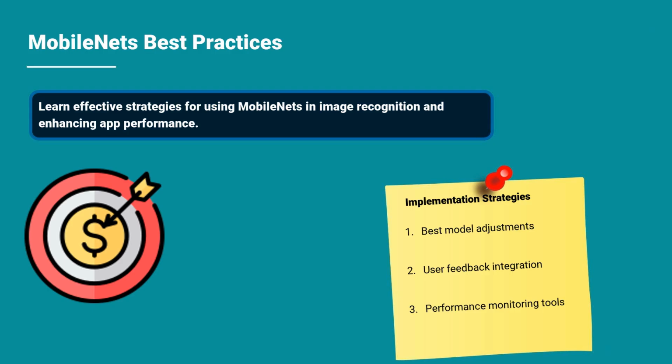With these elements, you can create responsive, intelligent applications that leverage the power of deep learning on mobile devices. Whether you're building self-driving car applications or personal fitness trackers, Mobilenets are here to help push the boundaries of what's possible with image recognition on mobile platforms.